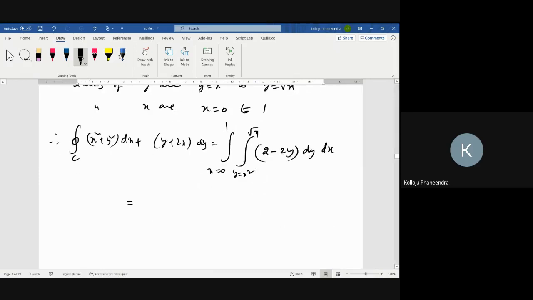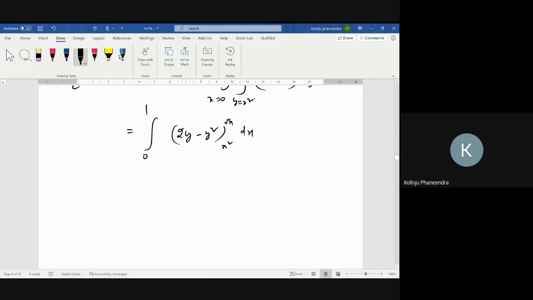That is equal to the integral from 0 to 1 of [2y minus y square] between x square and root x, dx. That is equal to the integral from 0 to 1 of 2 times root x minus x square minus x minus x power 4, this total dx, isn't it?